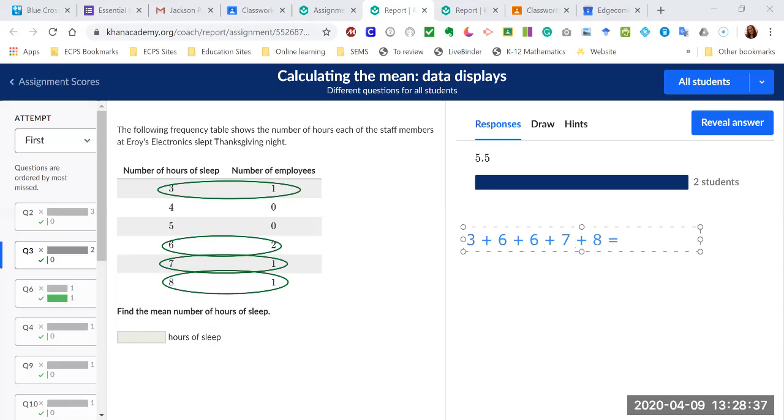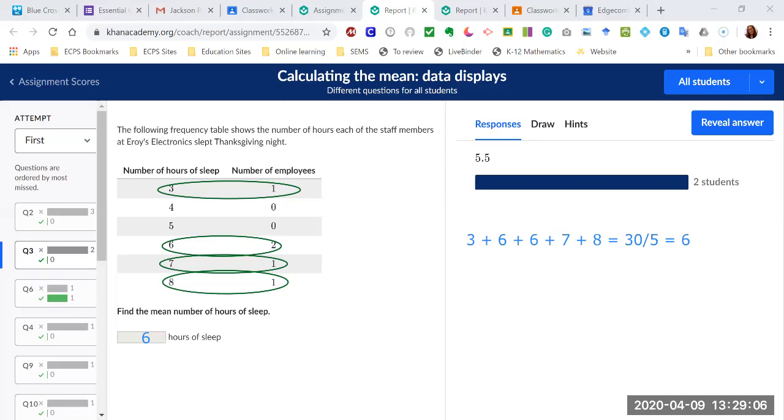If I add those numbers, 6 plus 3 is 9, plus 6 is 15, plus 7 is 22, and 22 plus 8 is 30. And that is 5 numbers. So dividing by 5 would give me an average of 6 hours of sleep. So if I were to put that number in the blank, my answer would just be 6.